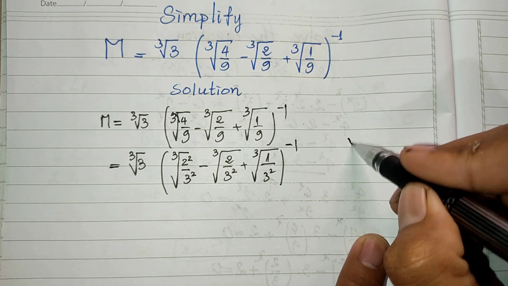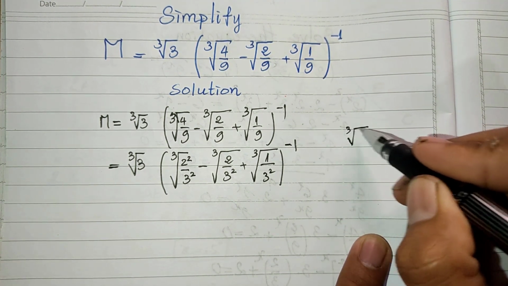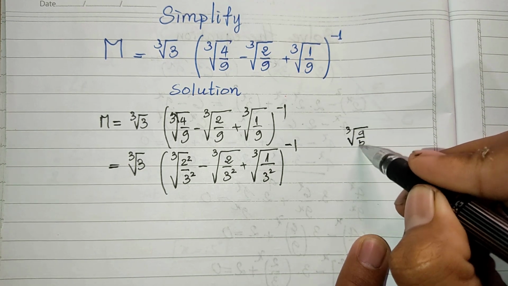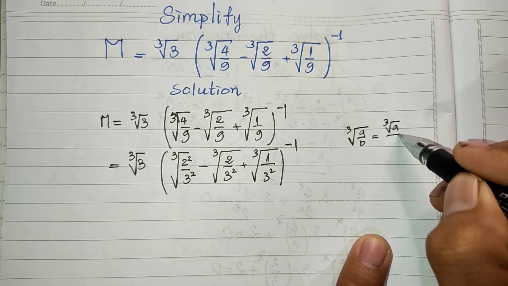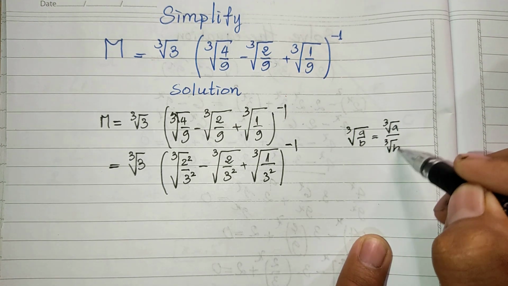The cube root of a divided by b is equal to the cube root of a divided by the cube root of b.